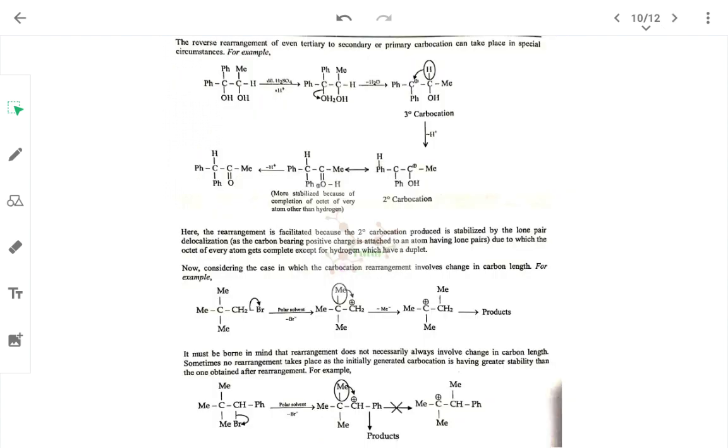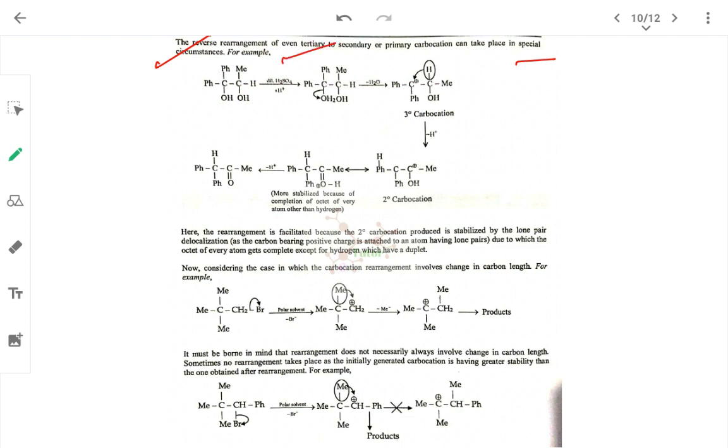Now, look at guys, some important rearrangement. What is that? It is reverse rearrangement. In reverse rearrangement, even a tertiary carbocation can rearrange to a secondary or primary carbocation in special circumstances.